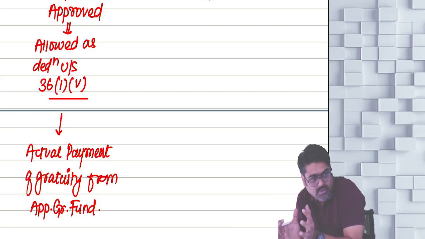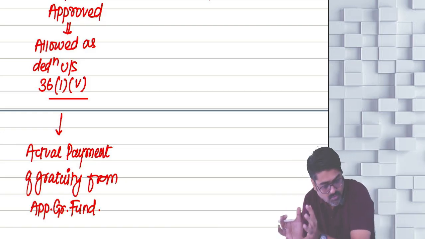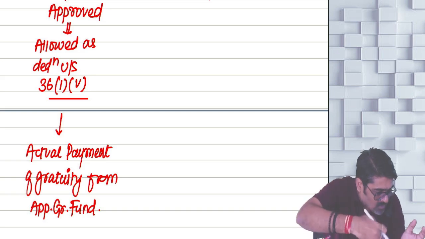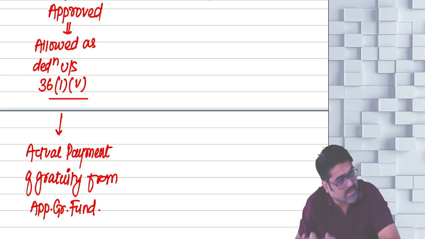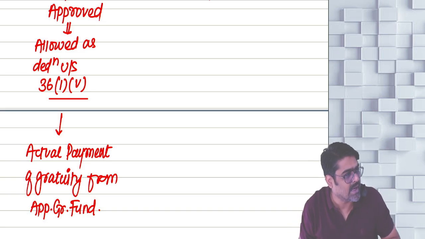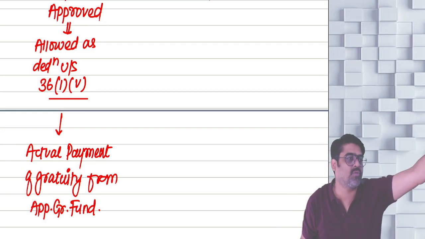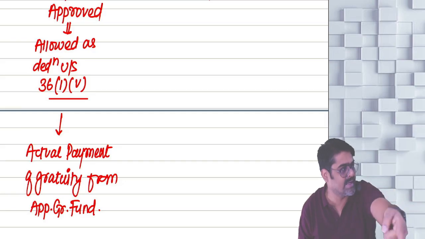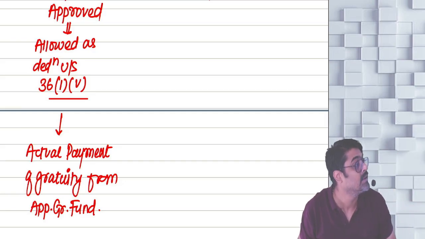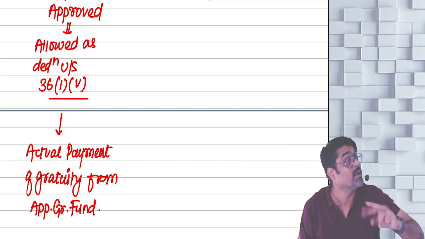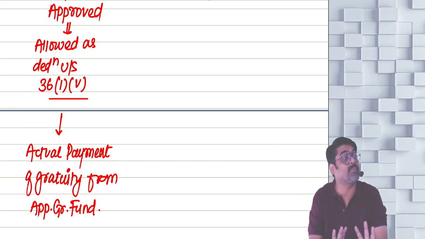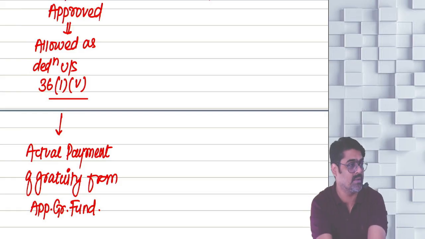The amount which you have contributed in approved gratuity fund, that contribution we are allowing right now only as a deduction, and out of that contribution in the future if you make the payment of gratuity, and for that gratuity also if we give you the deduction at that time, what will happen? Same amount will be allowed twice. We are allowing right now when you are making the contribution.